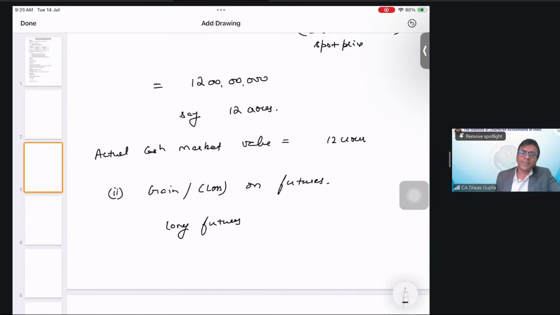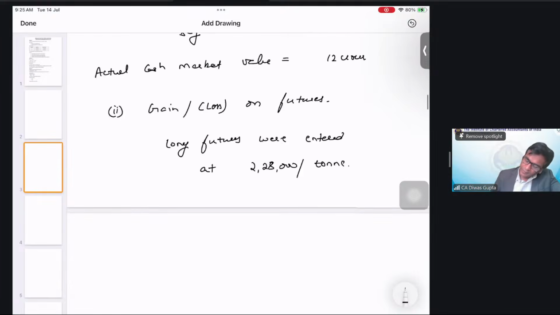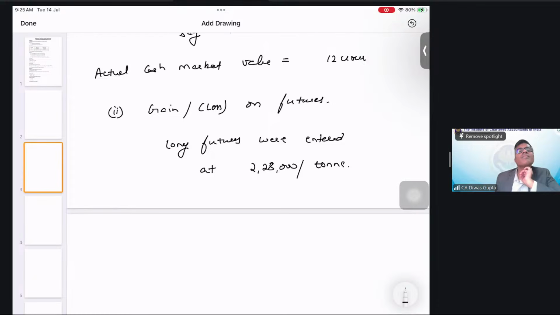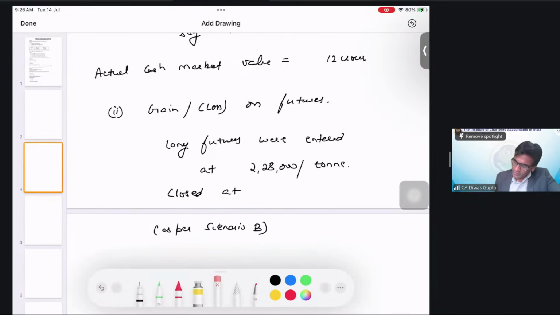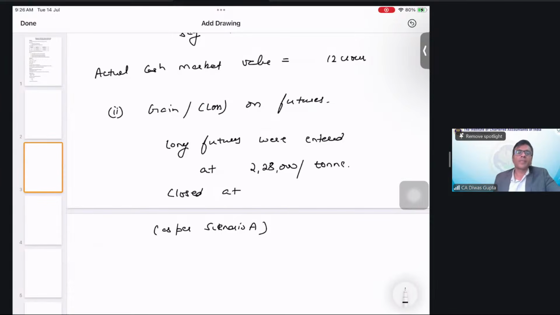Long futures were entered at 2,28,000 per ton and closed at, as per scenario B. Sorry, scenario A. We are at scenario A as of now. Closed at scenario A, which is the futures price of 2,38,000 per ton.